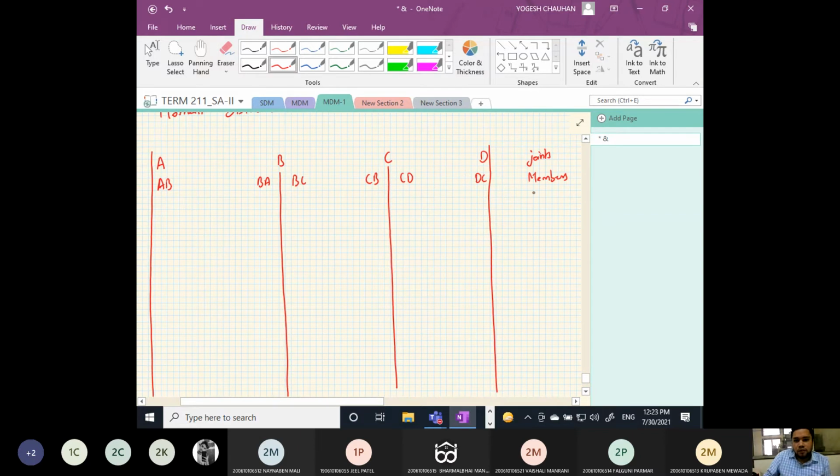Then we write the distribution factors: 1 for this member, 0.36 for this, 0.64 for this, 0.64 for this member, 0.36 and 1.